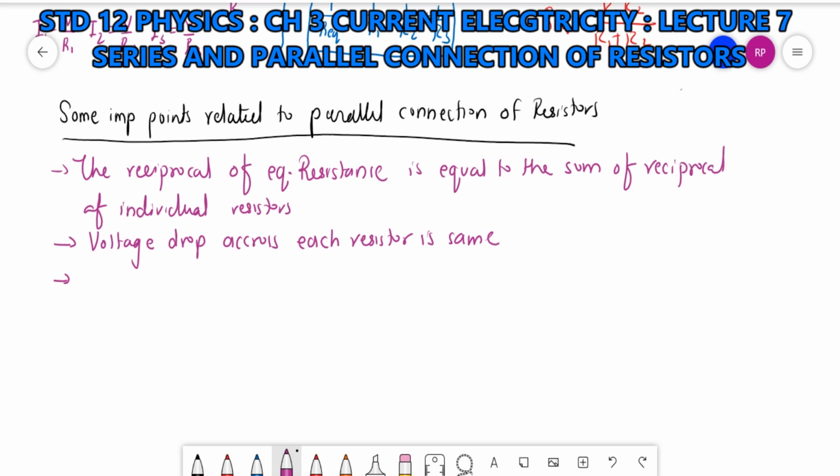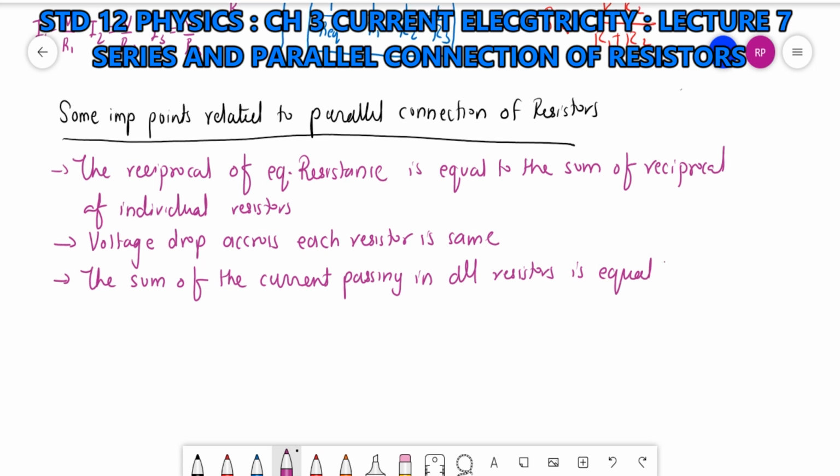The sum of currents in all the branches, or all the resistors, is equal to the total current.